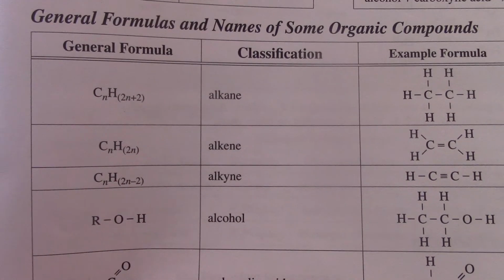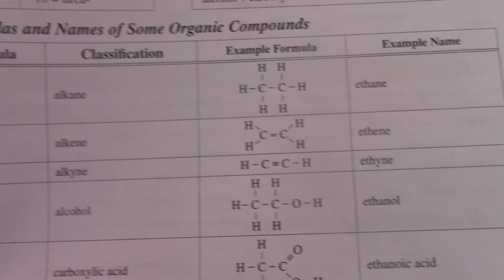So N, if you go back to your diagram, is 9 carbons. And this is an alkyne. And remember, it's C and 2 times N minus 2. So if I do the math on that, the YNE indicates alkyne.